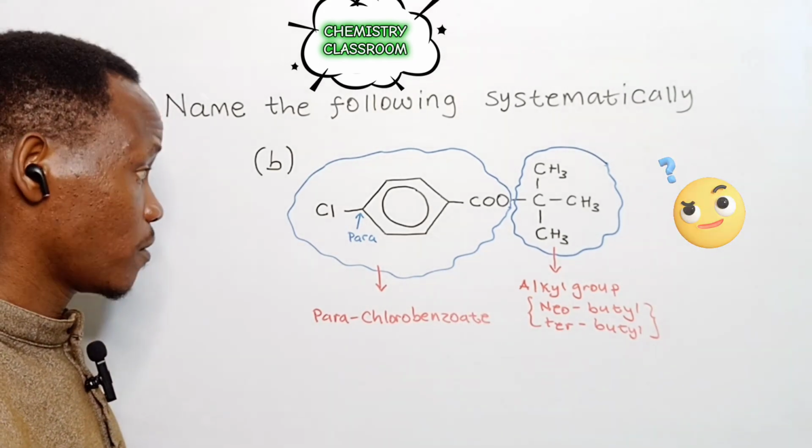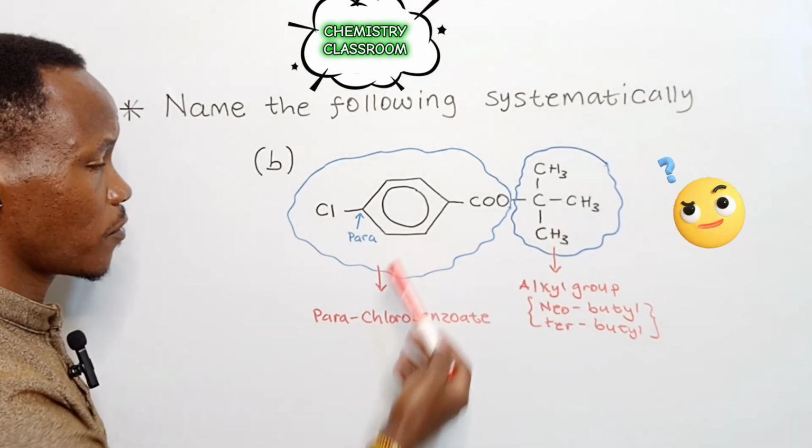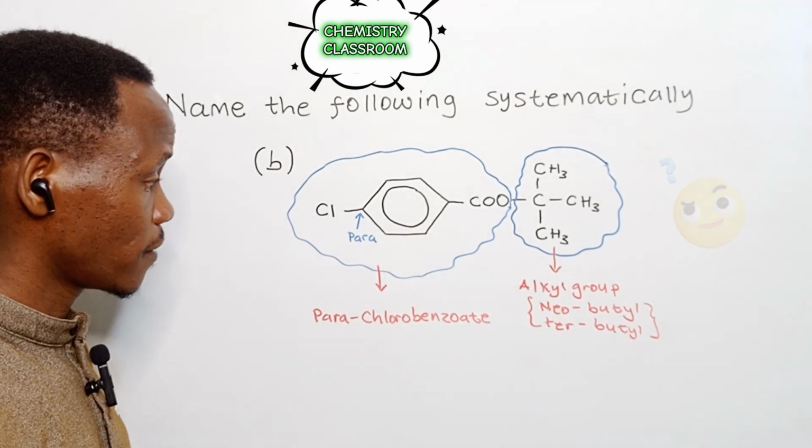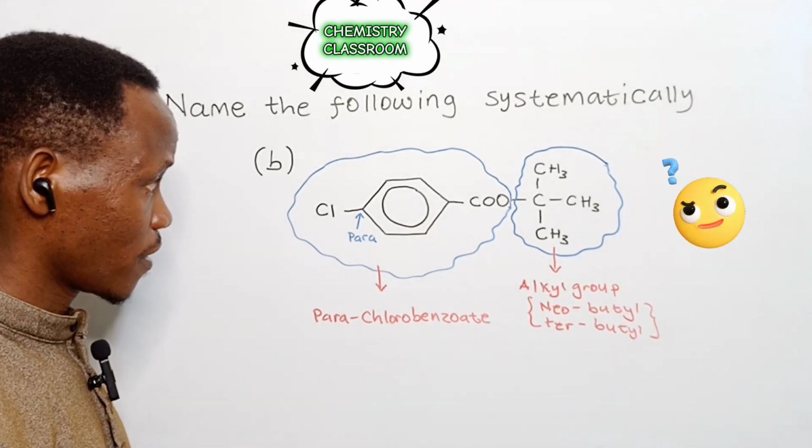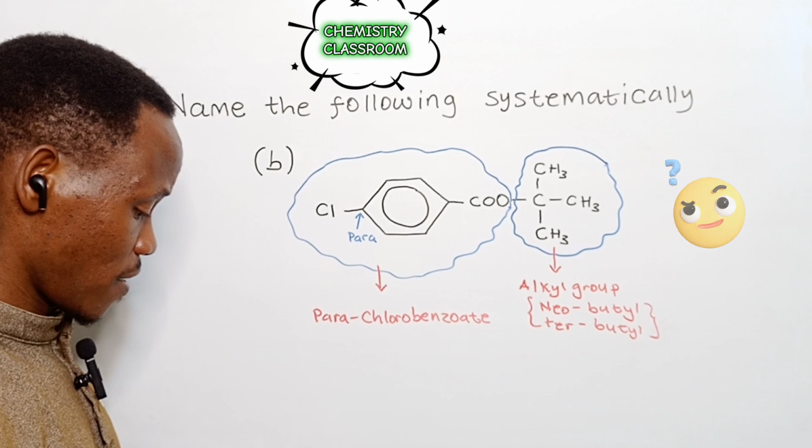Now, after establishing the identity of the two different parts of our ester, we can now write the complete name of the ester.